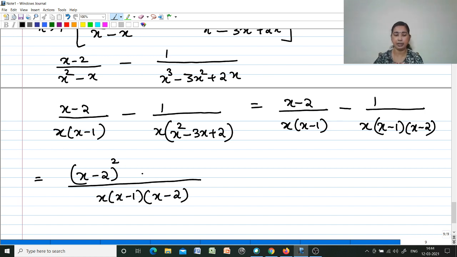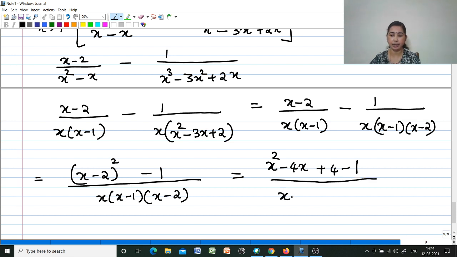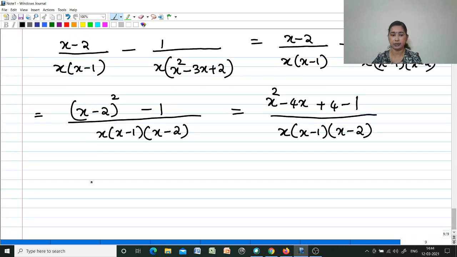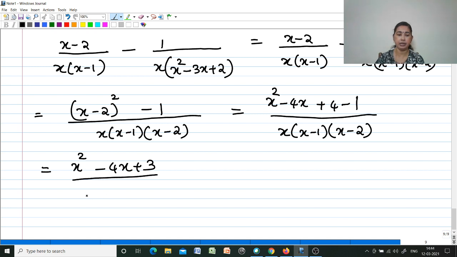Okay, here minus 1. That is equal to, in the numerator I can open the bracket, so x square minus 4x plus 4 minus 1 divided by x into (x minus 1) into (x minus 2). And that is x square minus 4x plus 3 divided by x into (x minus 1) into (x minus 2).